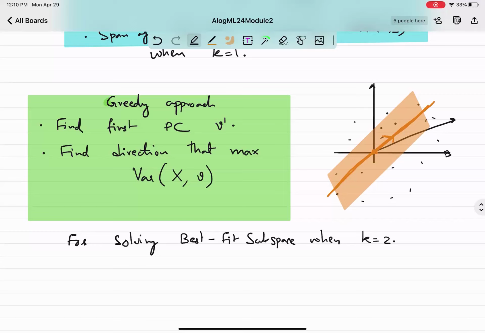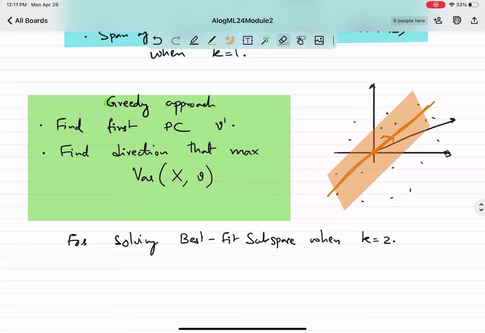Remember, v1 was the direction which maximized the variance along a direction. I'm going to ask for the same thing, but this time I don't want to end up with v1 again. So that's the first solution, we all agree, but now I want to find the second best solution. So how do I exclude that solution?